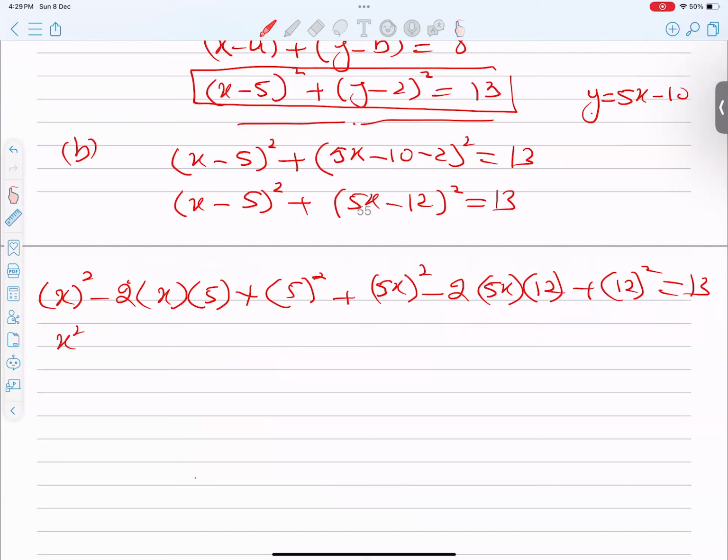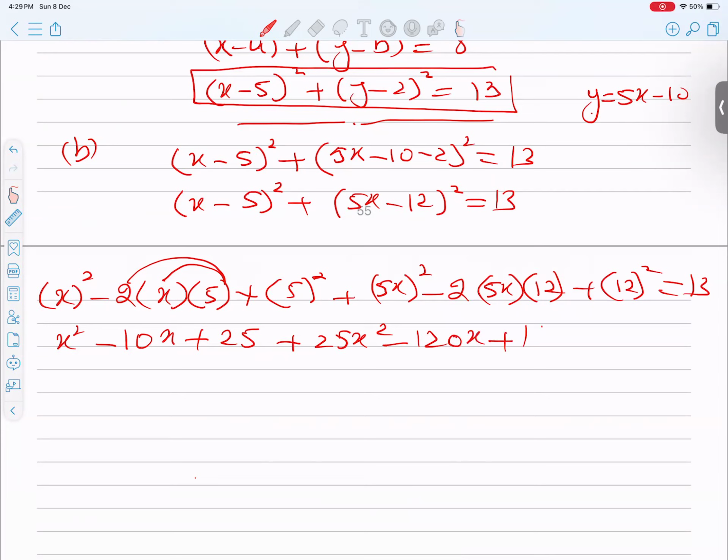Here x squared, 2 times 5 is 10 into x, I got 10x, and 5 squared is 25. Then 5 to the power 2 is 25, and 2 5s are 10, and 10 times 12 is 120, so negative 120, and I think it is clear.